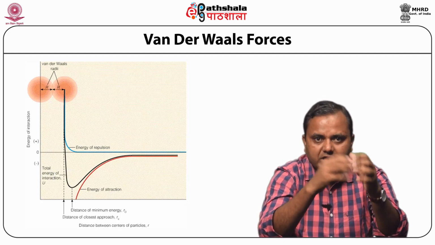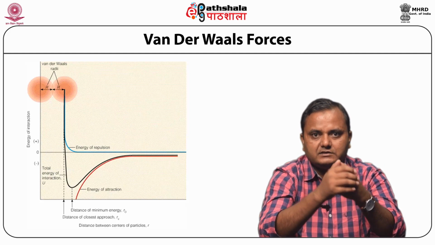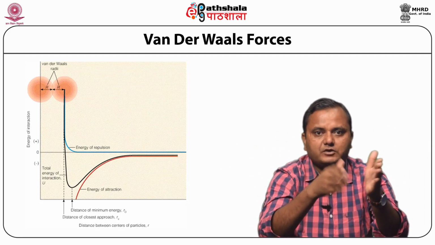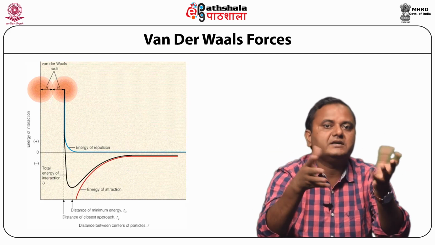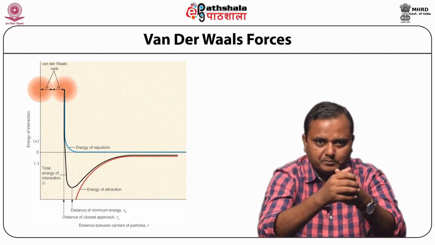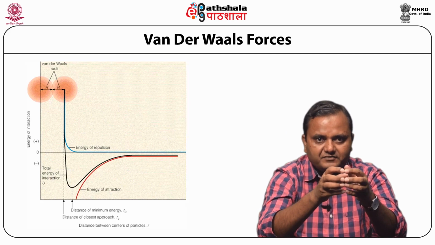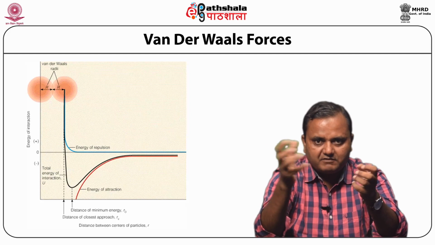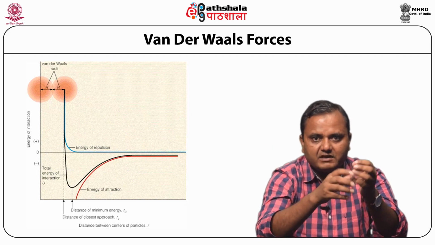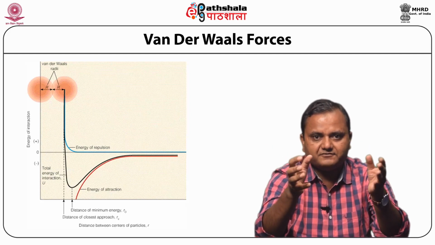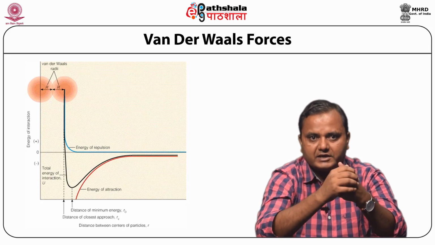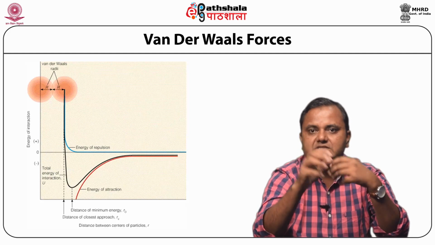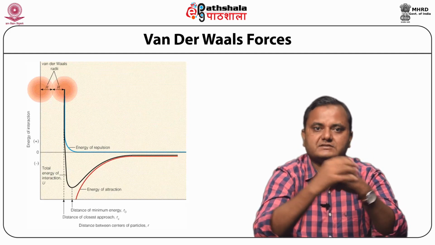These are non-specific forces between like or unlike atoms, and they decrease with r to the power 6, and the bond energy is approximately 1 kilojoule per mole. If r naught is the sum of the van der Waals radii of the two atoms, van der Waals forces are attractive if r is more than r naught and repulsive if r is less than r naught. So it is a distance dependent force.